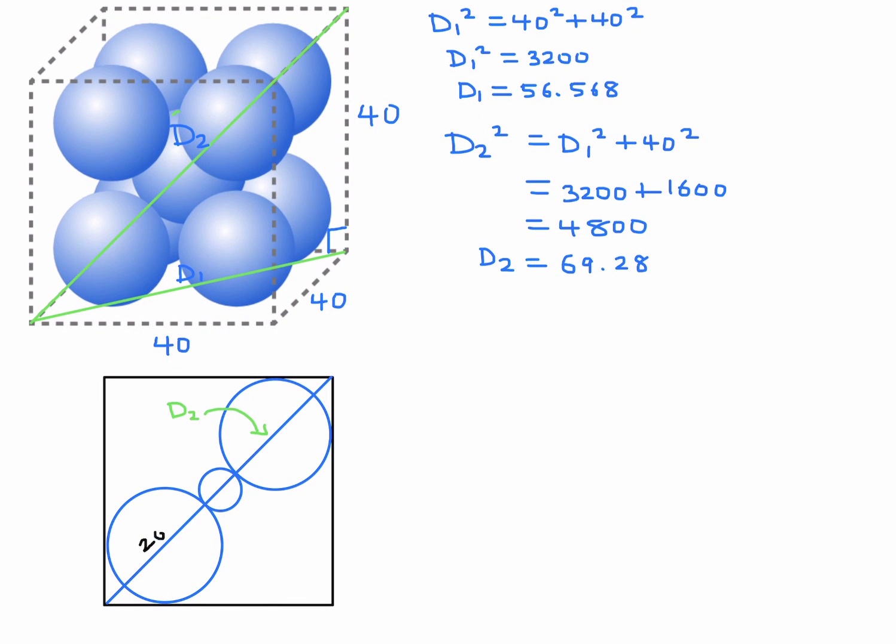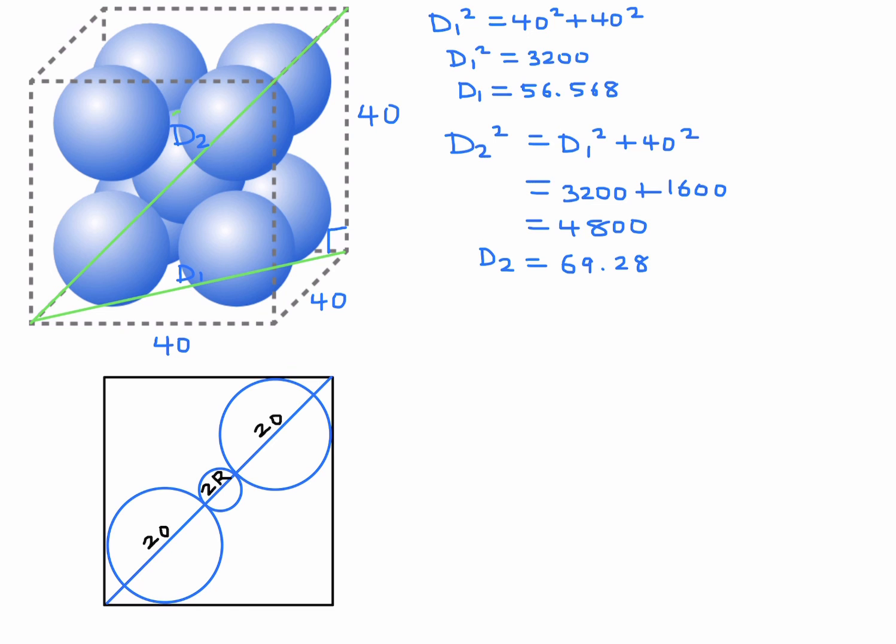So this is 20 right here, and this sphere is also 20, like that. And then the small sphere in the middle, that is the sphere whose radius I'm interested in. So this is going to be 2r right there.